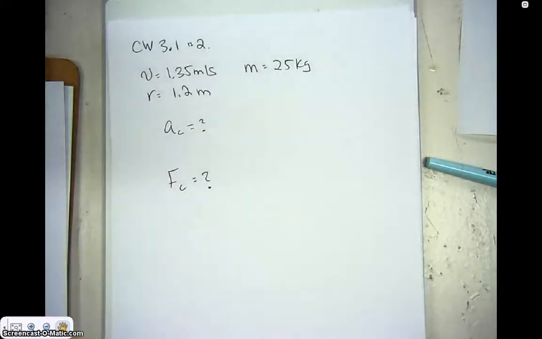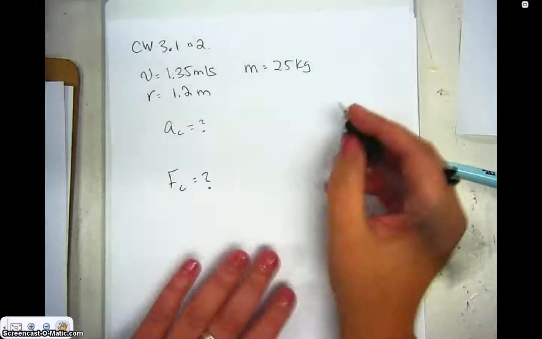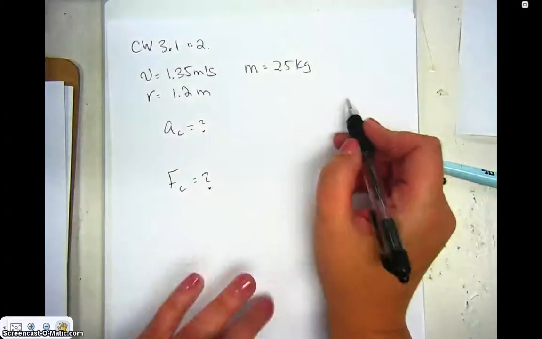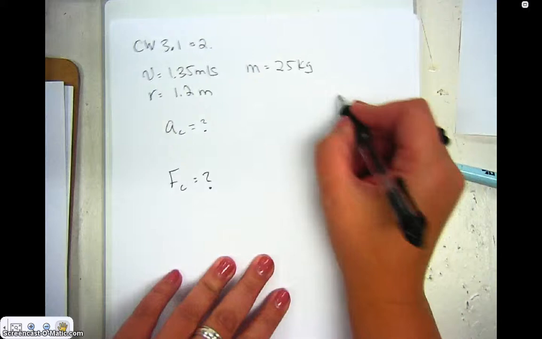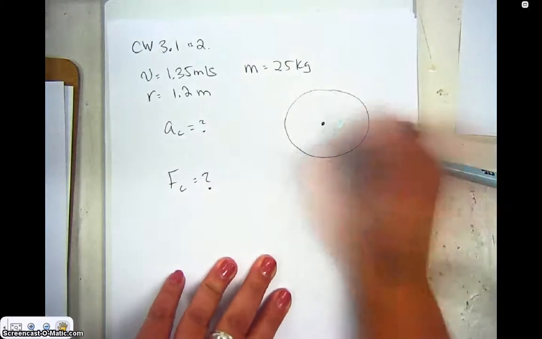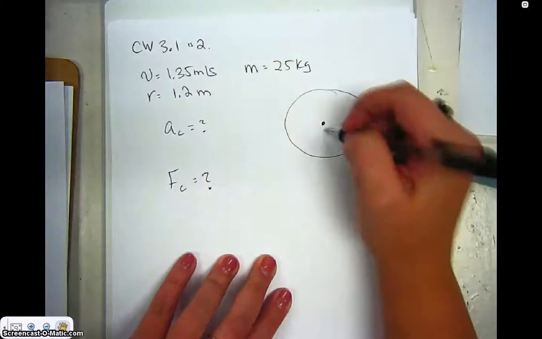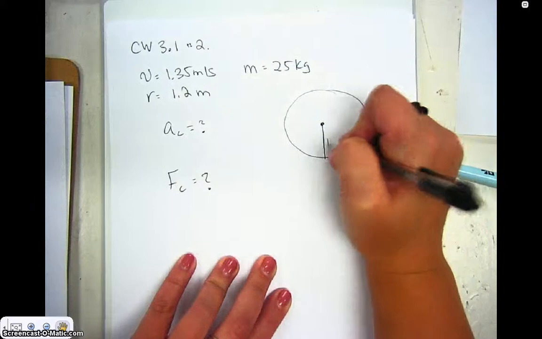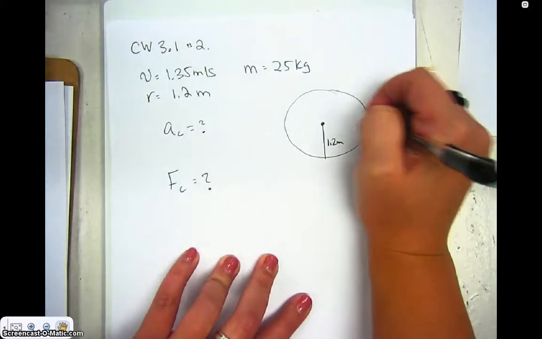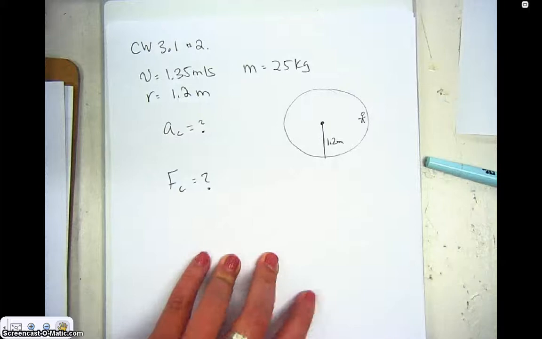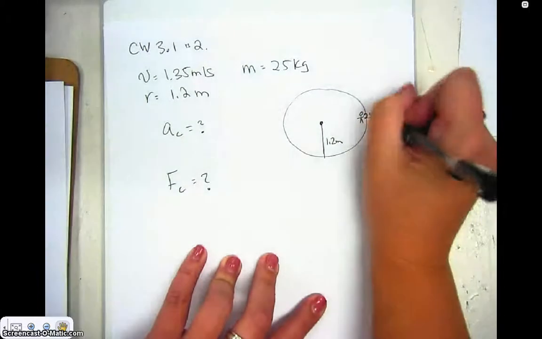Okay, so in this case, if we have this scenario, I just want to draw a free body diagram, right? We'll treat it as if we're looking from the top. Here's the merry-go-round. Here is the center of the merry-go-round. It has a radius of 1.2 meters. Okay, and here's the kid, sitting at 1.2 meters, that weighs 25 kilograms.